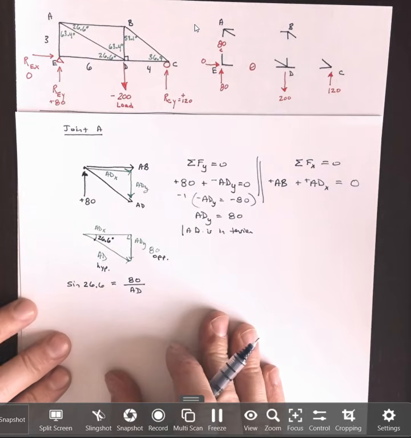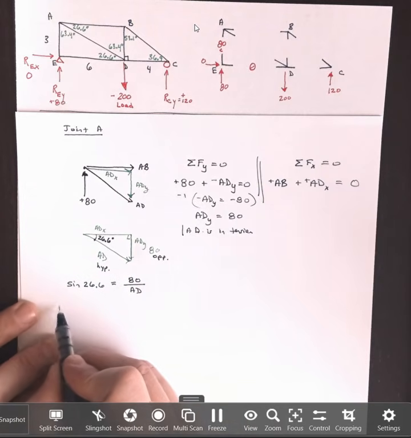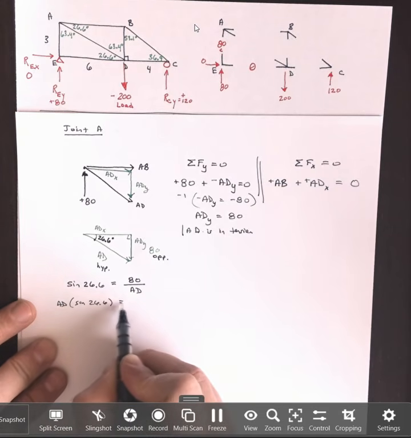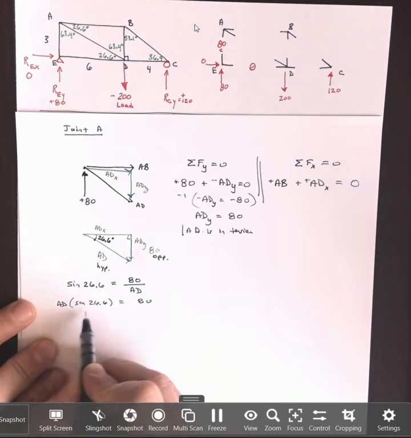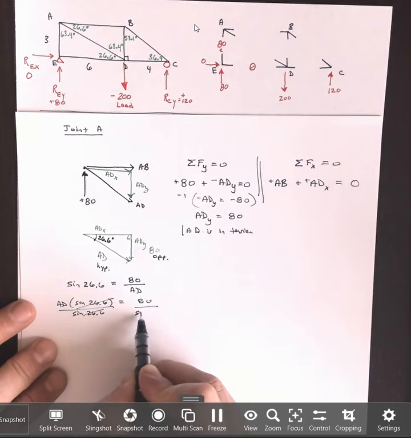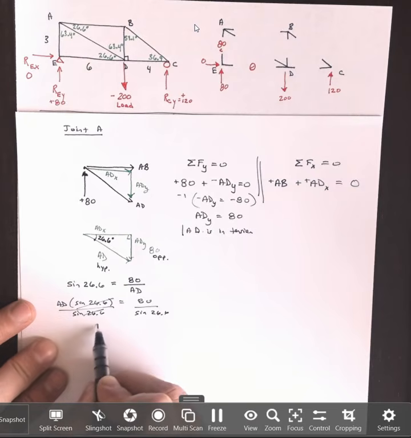Okay, I'm going to multiply both sides by AD, and then I'm going to divide both sides by the sine of 26.6, so that AD is alone.